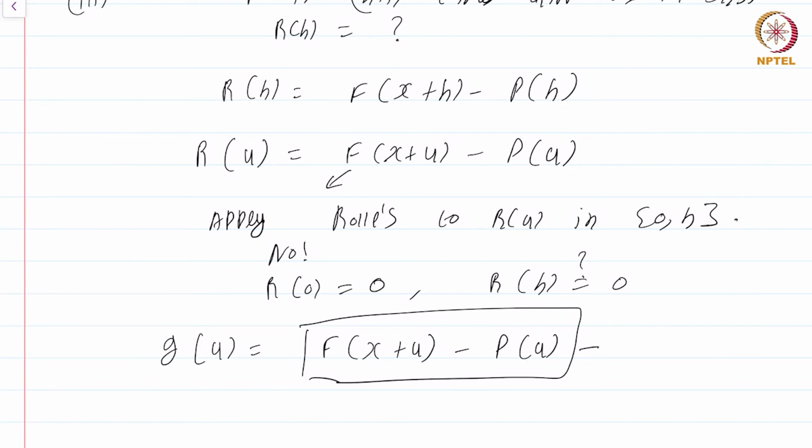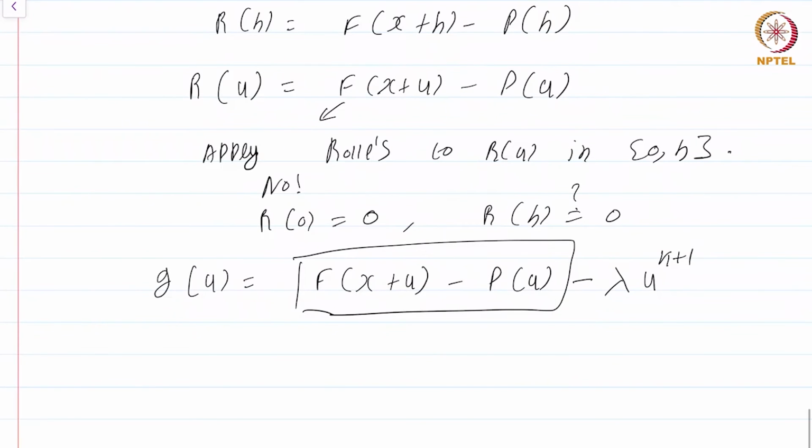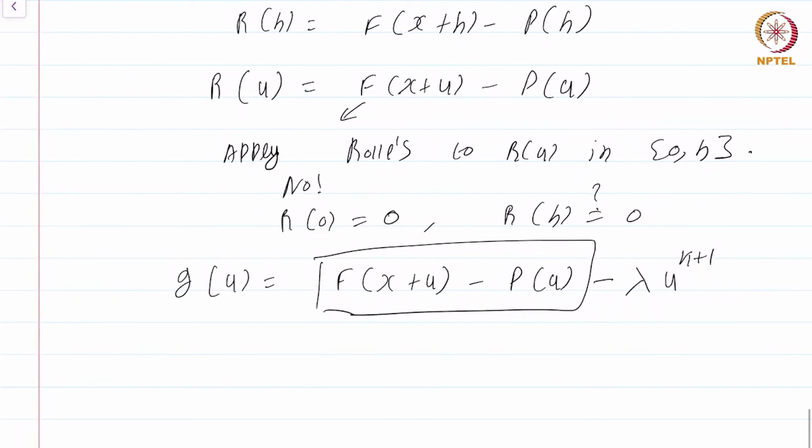If I want to make g of u 0 at u equal to h, I don't want to touch the value of g at the point 0. So what I do is I subtract a quantity lambda, a constant which I am going to determine, times u^(k+1). Why did I do u^(k+1)? Because of the convenient property that at u equal to 0, the first k derivatives vanish.